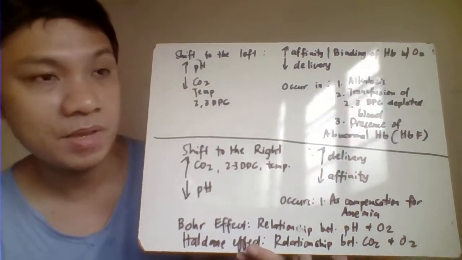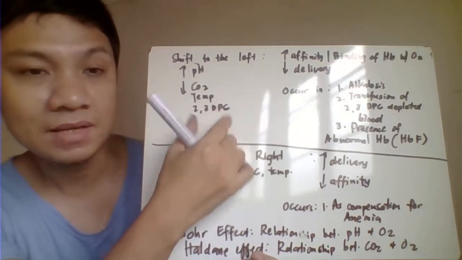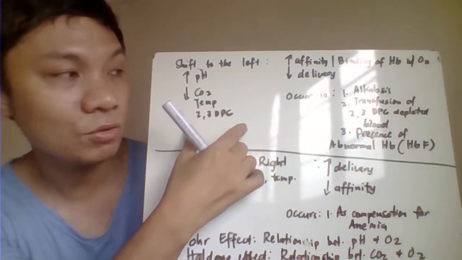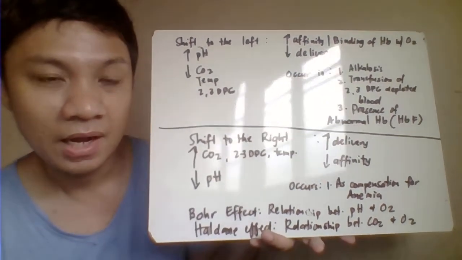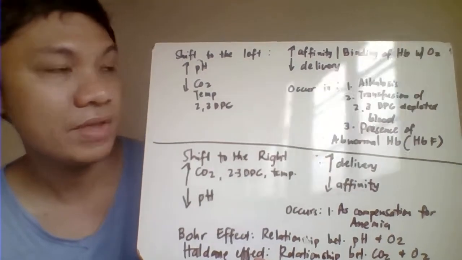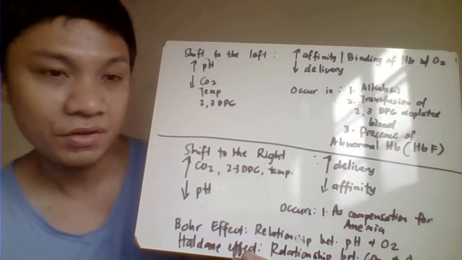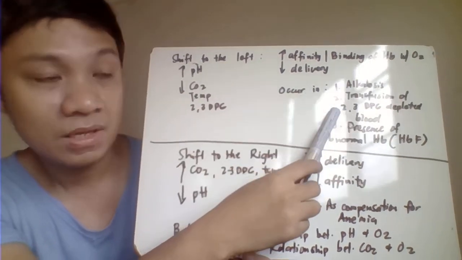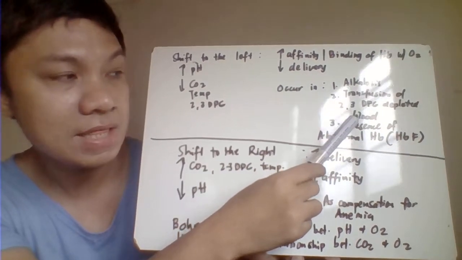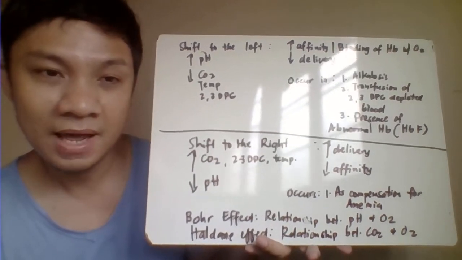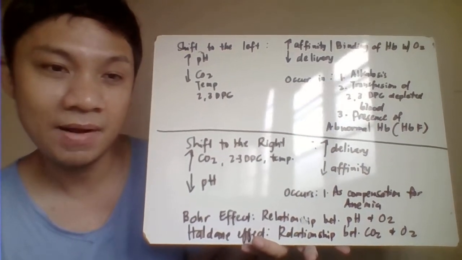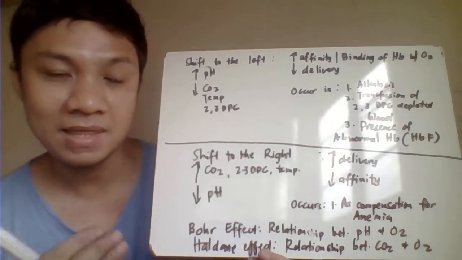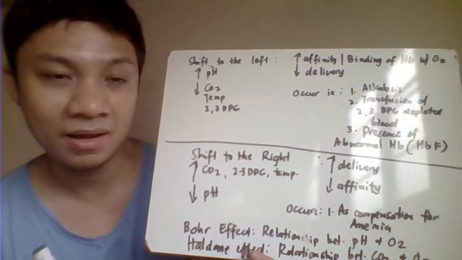And that would be shift to the left if mataas ang pH natin, mababang carbon dioxide, mababang temperature, saka mababa ang 2,3-DPG. Other conditions that eventually will shift your oxygenation curve to your left: in the case of your alkalosis, kaya mataas ang pH. Transfusion of your 2,3-DPG depleted blood. Pag nag-donate tayo ng blood, bago siya isalin sa patient natin, di ba, ini-store mo na siya sa blood bank natin. Sa ref natin sa blood bank.